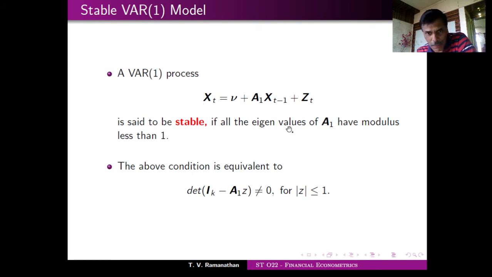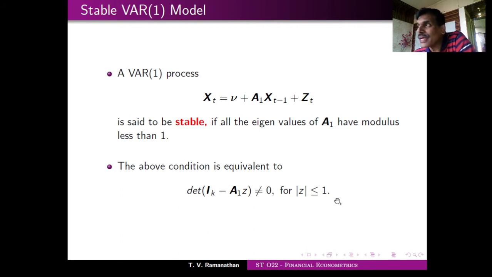So in the case of VAR(p), vector autoregression of order p, we can get a similar condition if we can write this as a VAR(1), because then the condition is very easy to handle. Otherwise, what is the equivalent one? Well, you can immediately say that the determinant of I_k minus A1 z minus A2 z squared, etc., minus Ap z to the power of p, is not equal to 0 for mod z less than 1.